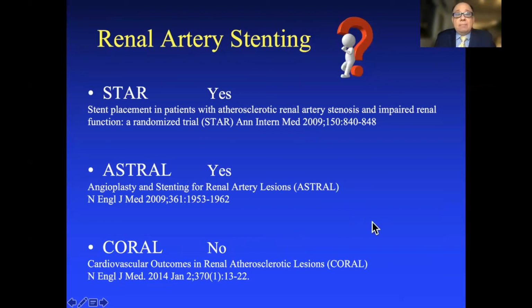They did this study in order to demonstrate if really a benefit can be found by placing a stent in the renal artery. And the conclusion was no. So at this moment, not many labs are placing a stent in the renal artery.